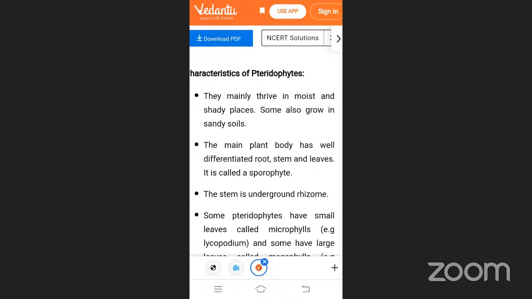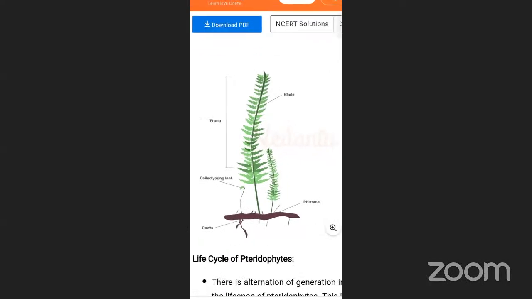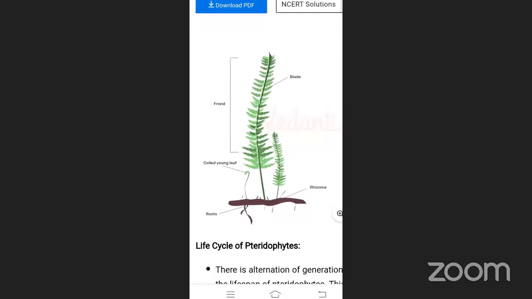The Pteridophytes possess two distinct generations. What are the generations here? The sporophytic generation and the gametophytic generation. This is a fern-like structure, this is the pteridophytic plant.